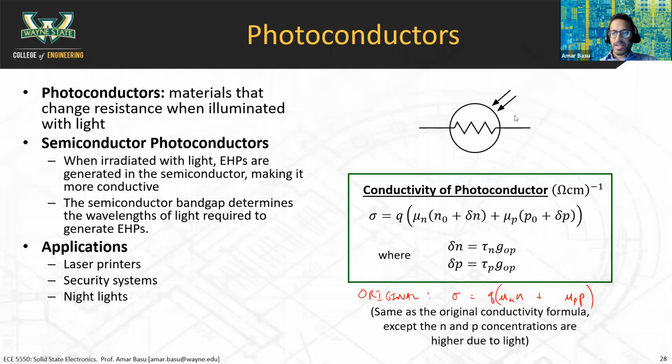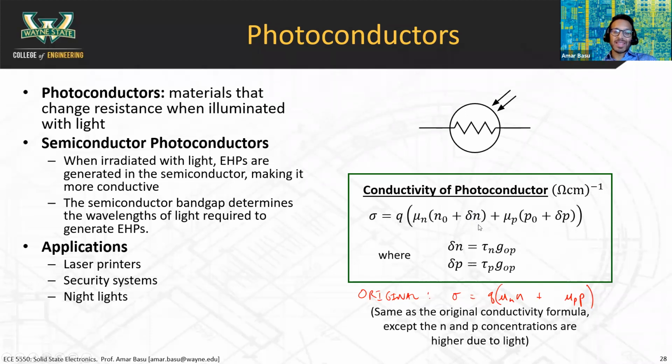When we shine light on the semiconductor, we're creating extra electrons and extra holes. So all that's happening here is that this n, the electron concentration, is now becoming n0 plus delta n, and this p is now becoming p0 plus delta p. The delta n and delta p we've looked at the equations for before.